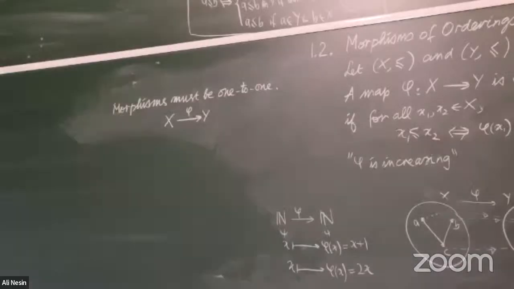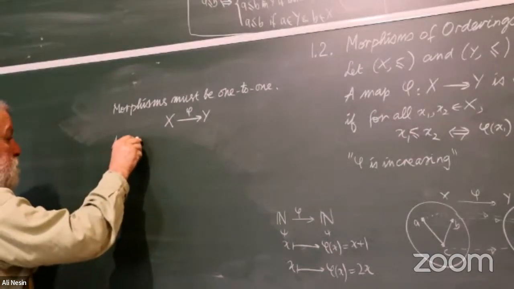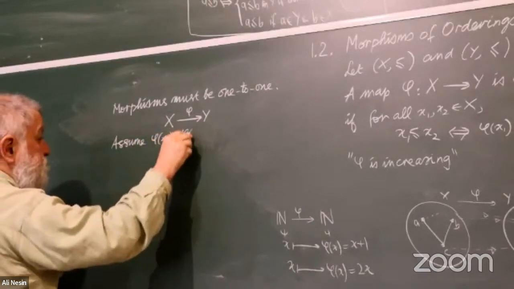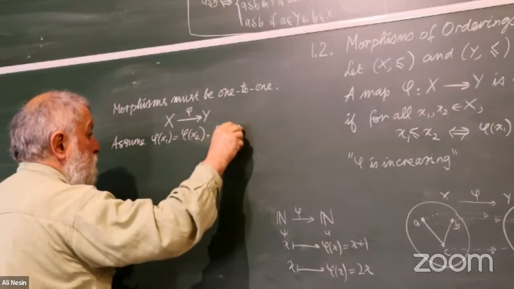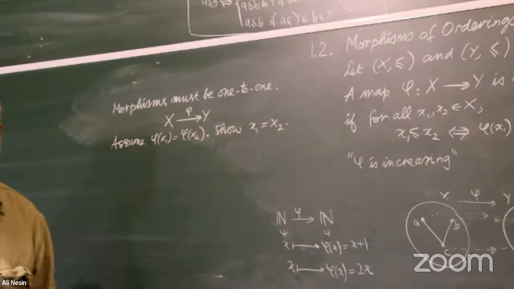Should we show that if phi x1 equals phi x2, then x1 equals x2? Exactly. Assume phi x1 equal to phi x2. Show x1 equal to x2. Okay, how do you do it?